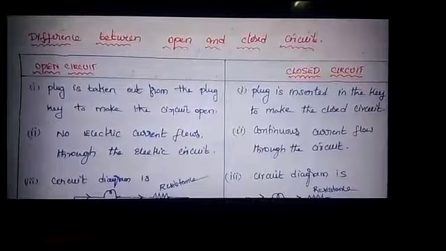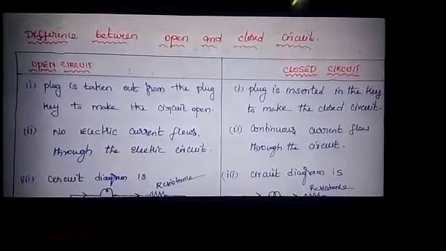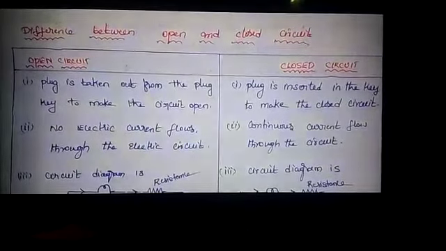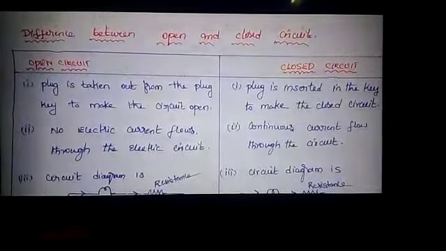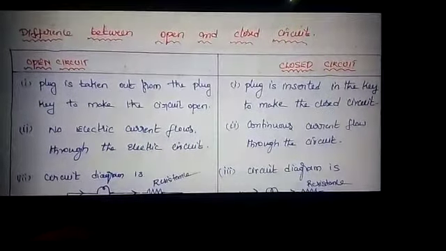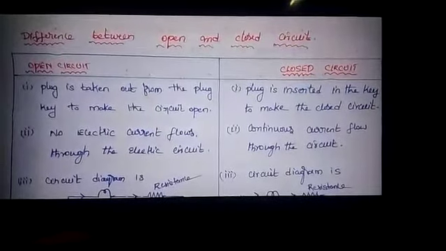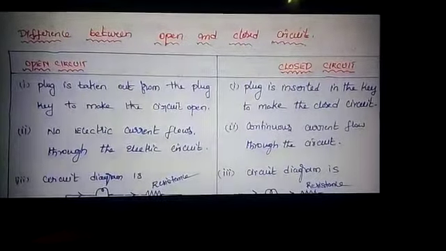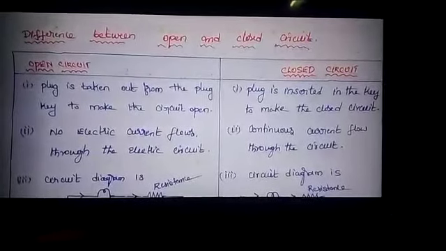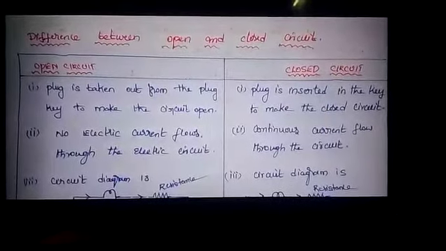If the dot is not there, the plug is taken out of the key. If the dot is there, the plug is inserted in the key. In a closed circuit, the plug is inserted in the key. So this is the first difference between open circuit and closed circuit.